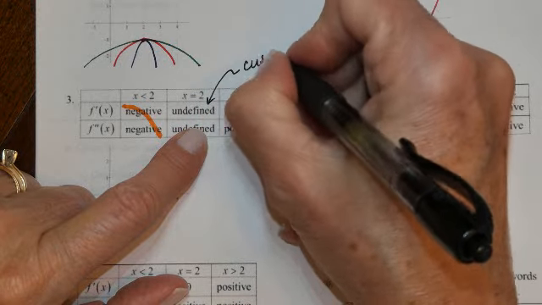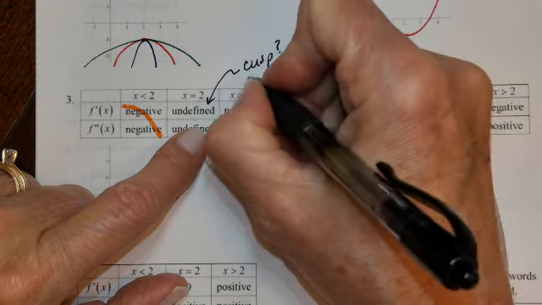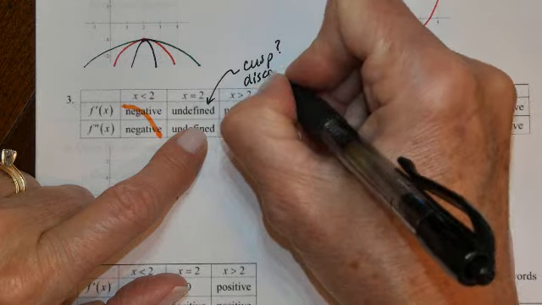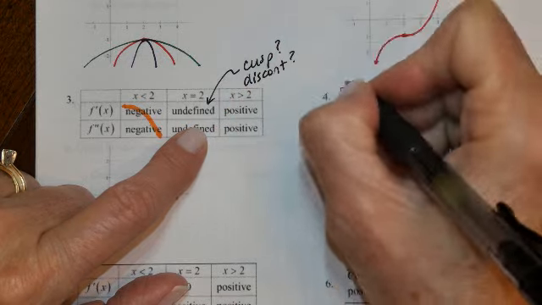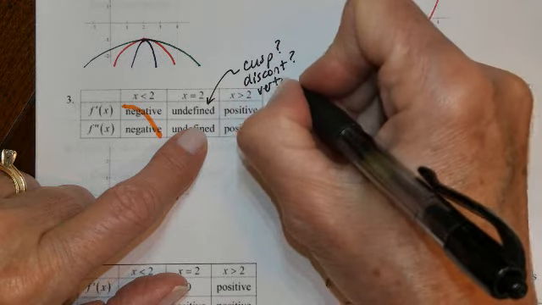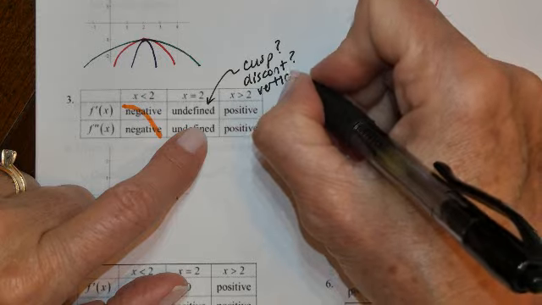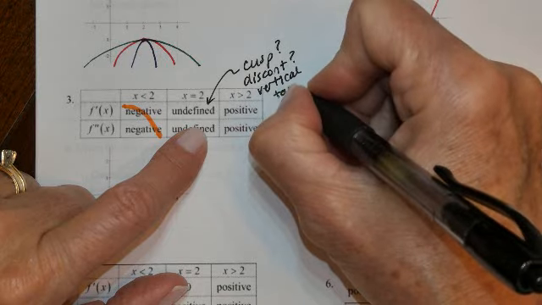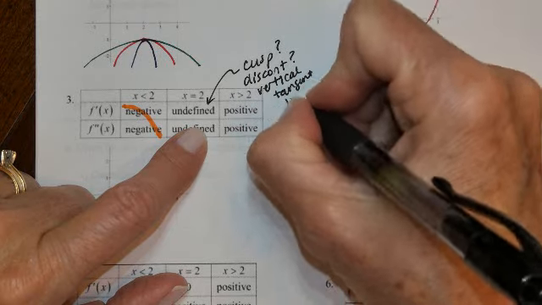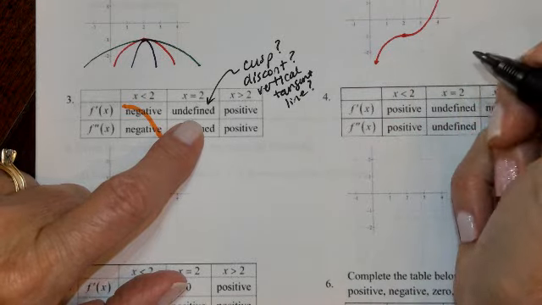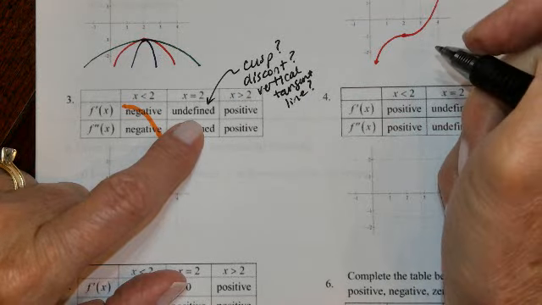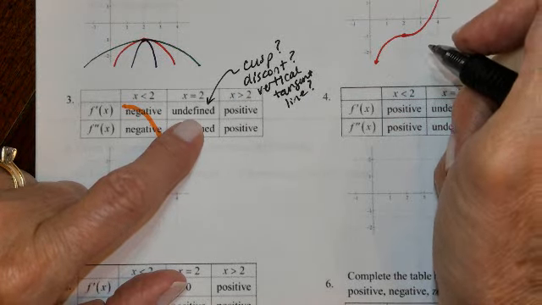Maybe a cusp, maybe a discontinuity, or maybe a vertical tangent line. Those are the only 3 times that we would get a derivative that's undefined.